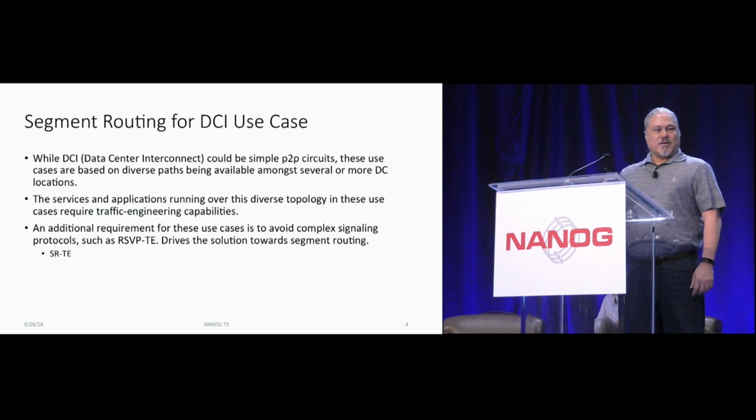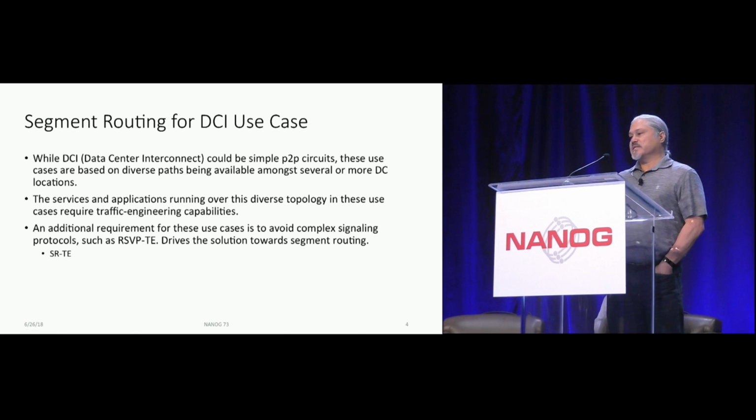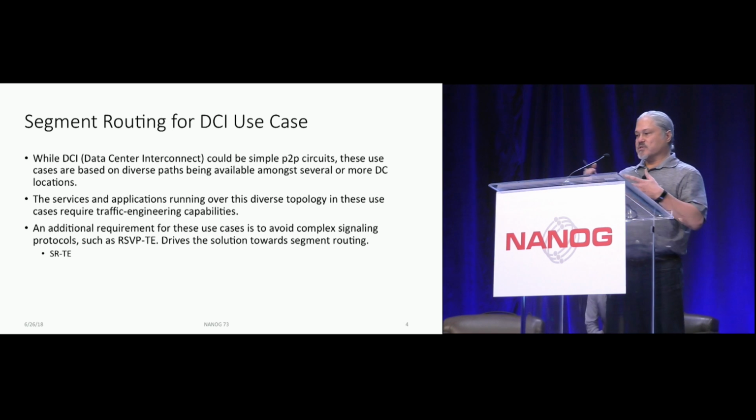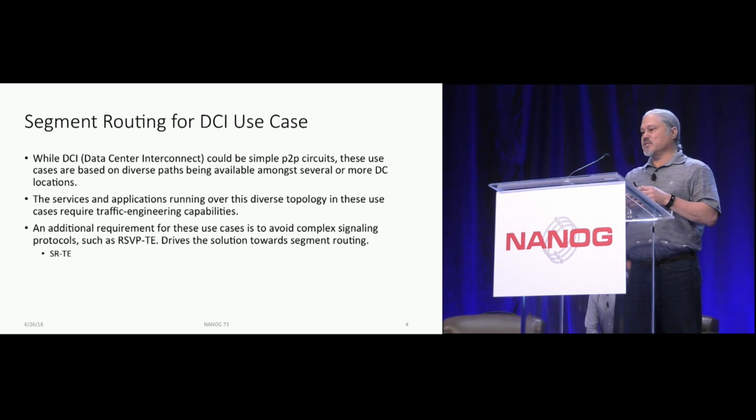Pretty simple. So segment routing for DCI. DCI could be fairly simple, data center interconnect. If you have a couple data centers, the topology is probably pretty basic. This use case assumes a fairly diverse topology with many data centers, upwards of maybe a dozen or so. So there's a lot of data centers. It's not a simple topology. That's one point. The other point is the services and applications that Muhammad's going to talk about later.